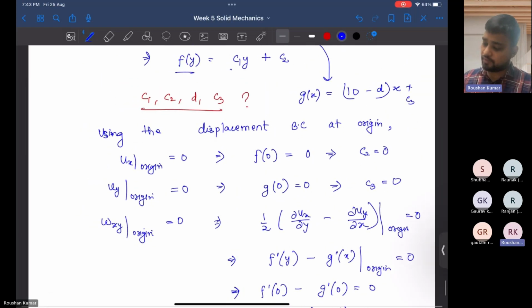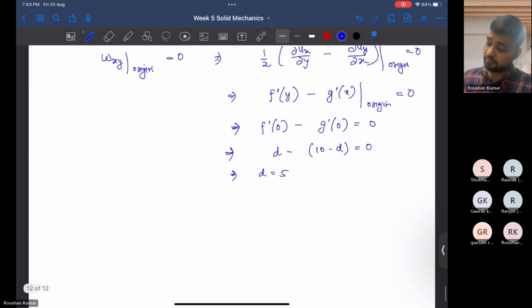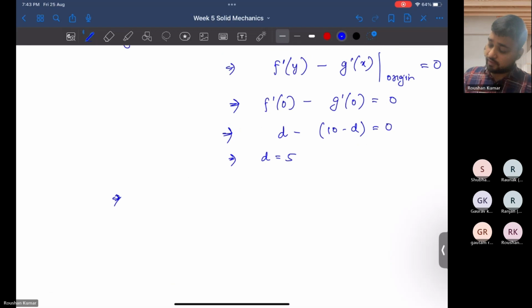Now coming to the f(y) relation. f prime(y) is d, and d equal to 5. So what is f(y)? f(y) is 5y.